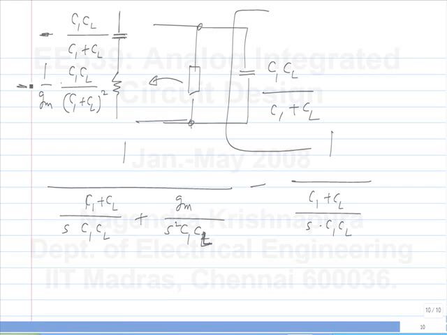What use do you see for something like this? And just now we discussed potential use of this circuit and a potential problem with this circuit. Okay. Can you enhance the use or reduce the problem by splitting the terms up like this?